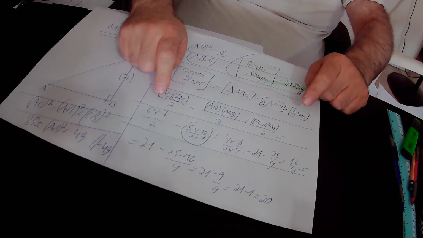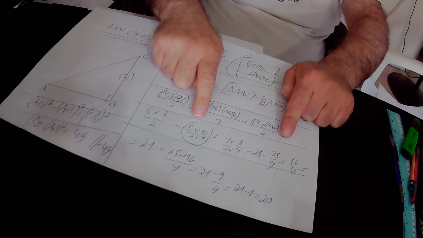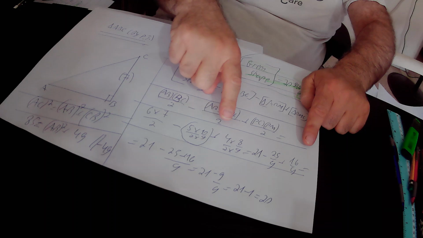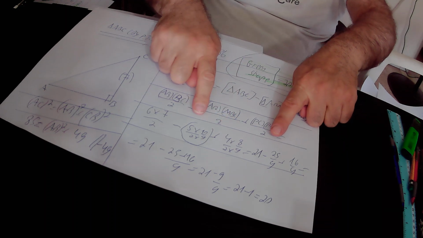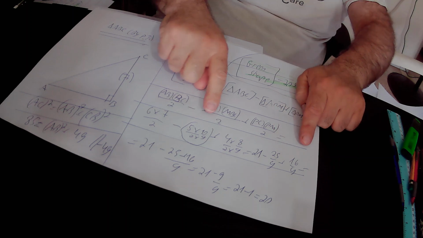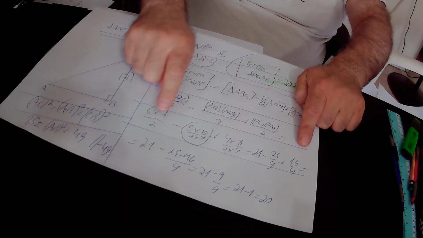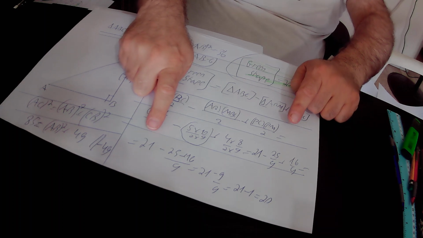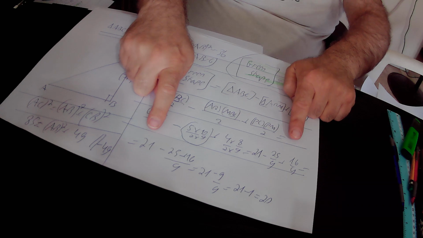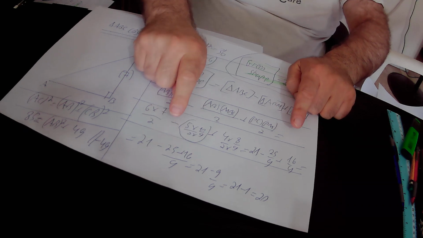So the area of the green shape equals 6 times 7 over 2, which is 21. The value of this expression is 25 over 9 with a minus sign, and the value of this expression equals 16 over 9. So in total, the area of the green shape equals 21 plus minus 25 plus 16 over 9.